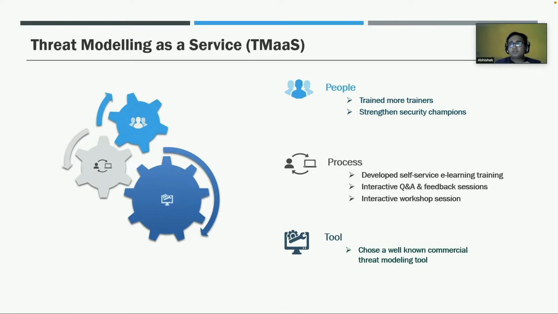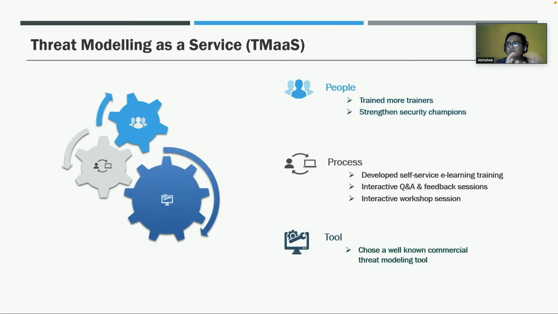And this time we chose a commercial tool for doing the threat modeling, right? There are so many tools available in the market, open source as well as commercial. So we evaluated a bunch of them, and as I said, without proper integration and automation within the DevOps area, it is very hard to sell your services to them.